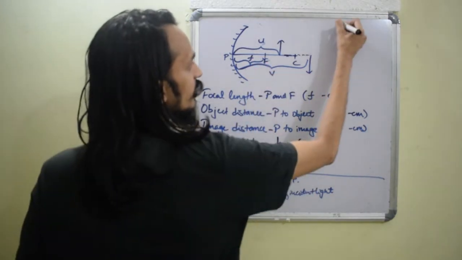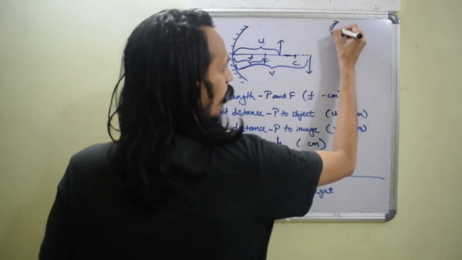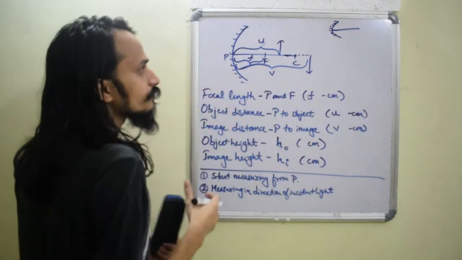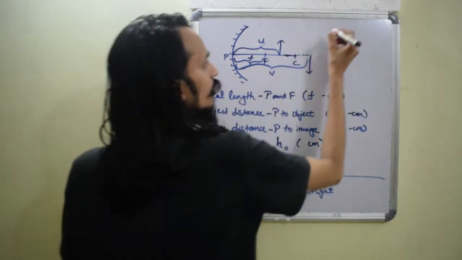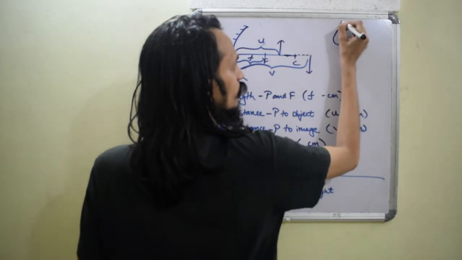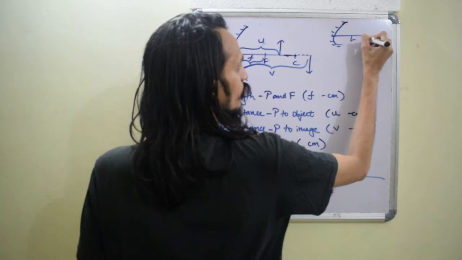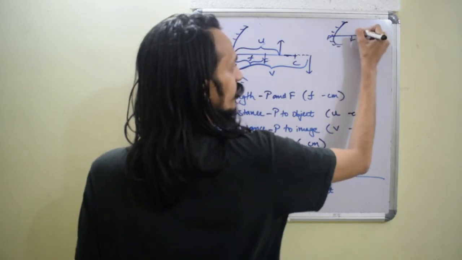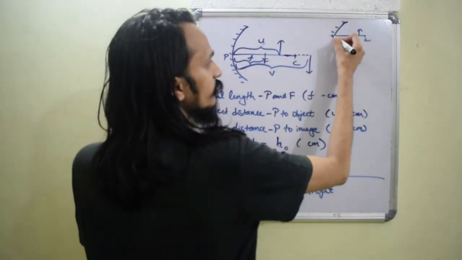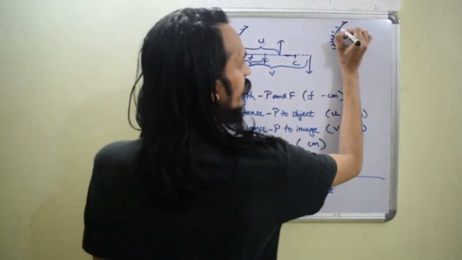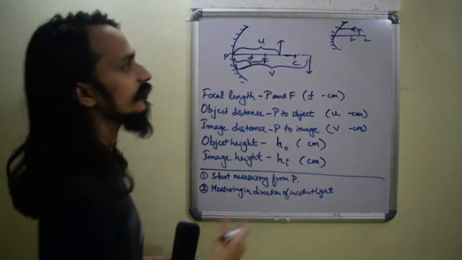We know that in a convex and a concave mirror, there is a difference. Say I'm going to draw a simple diagram there. If this is the mirror, we know that light comes in this direction, right? That is the incident light.